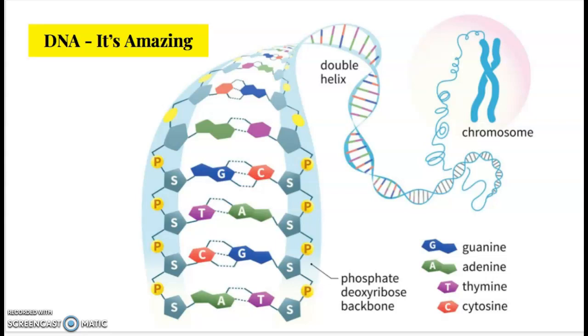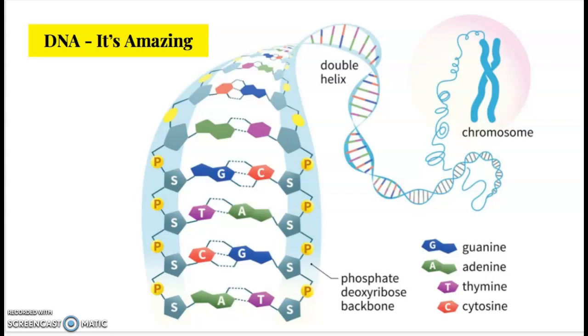So the little dotted lines between them are representing that hydrogen bond that's knitting that whole double helix together. You'll also notice that the backbone is made up of these S and P functions. So that little P stands for phosphate, and the S stands for a sugar, which in this case is deoxyribose.